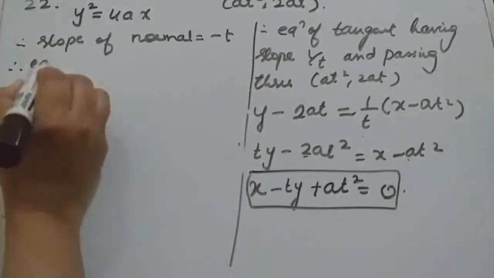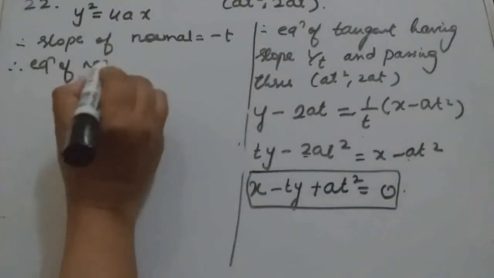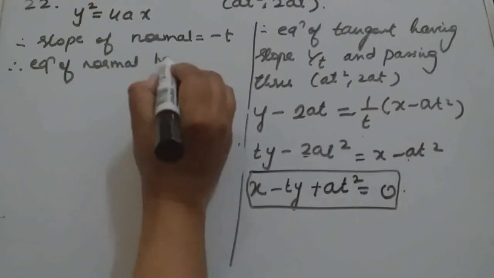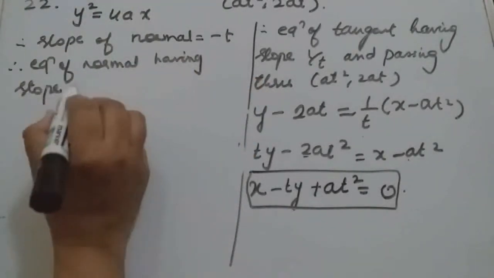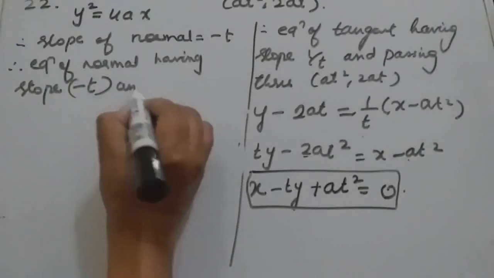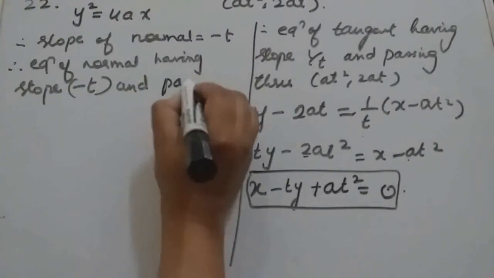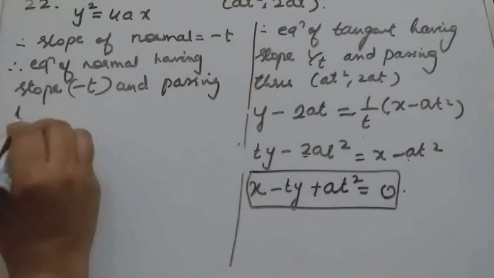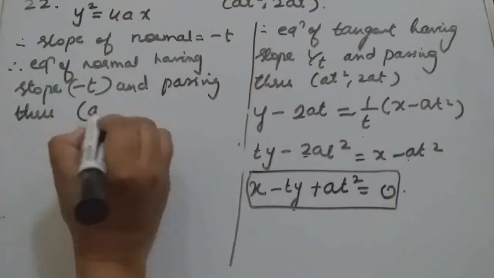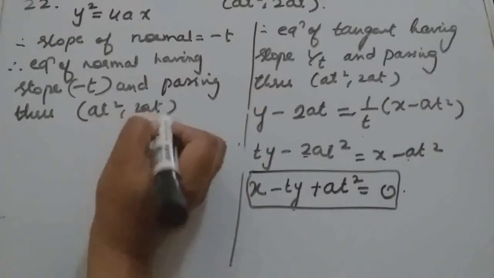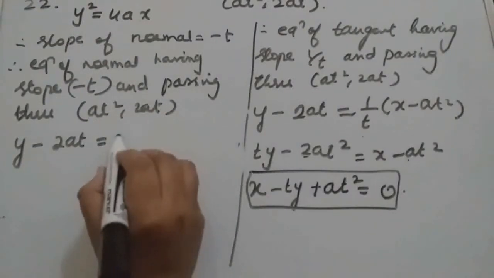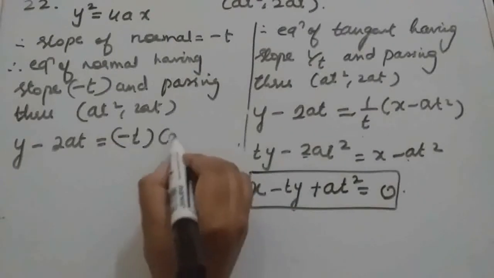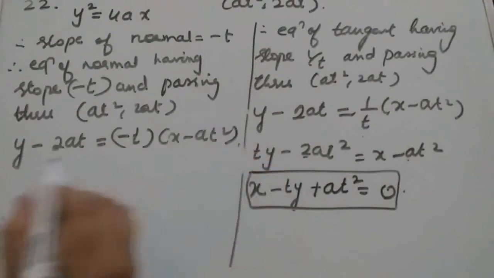So therefore the equation of normal having slope minus t and passing through at square comma 2at will be y minus 2at equals minus t into x minus at square.